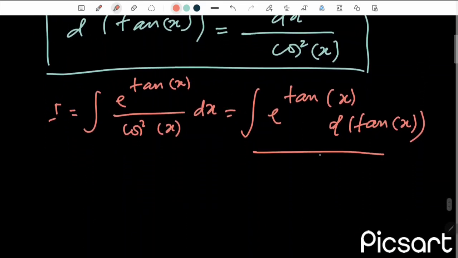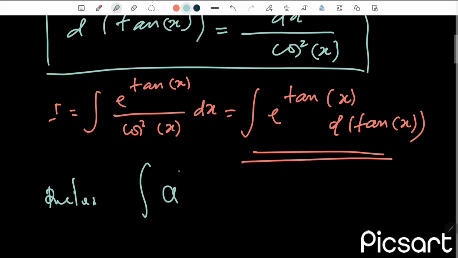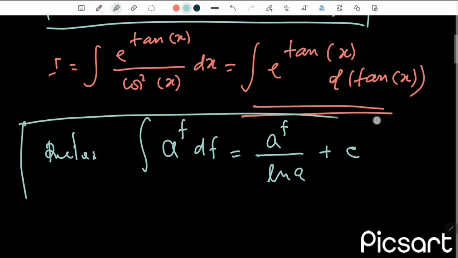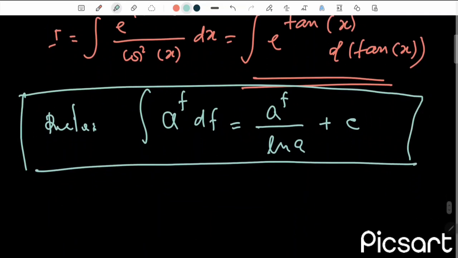And from here, using the following rule, the integral of a to the power f df is equal to a to the power f over ln of a plus c. So that here for our exercise, our f is equal to tan of x and our a is equal to e.